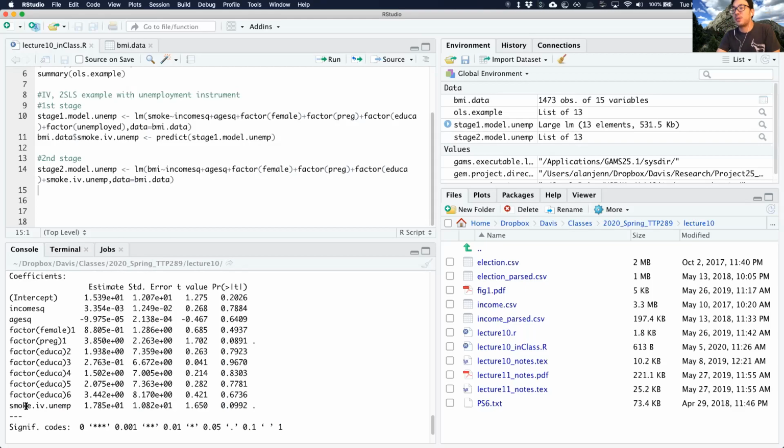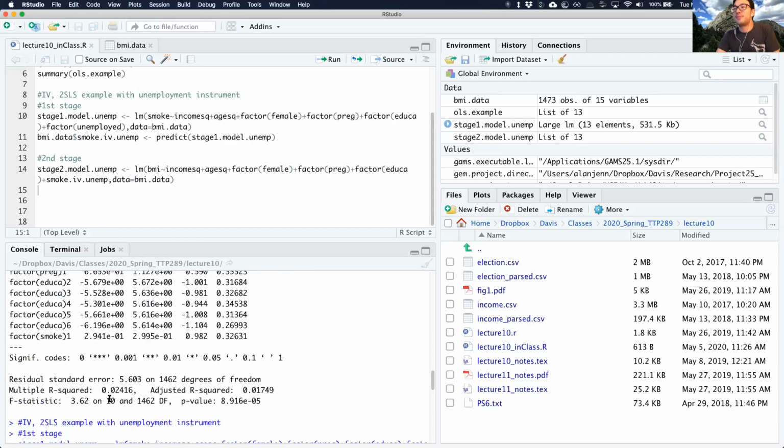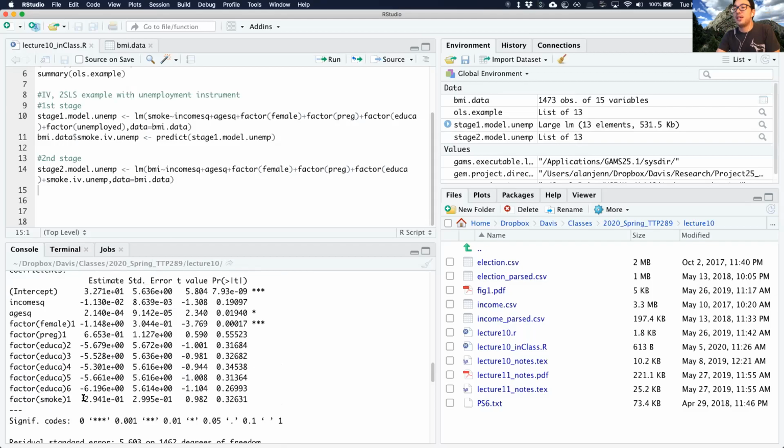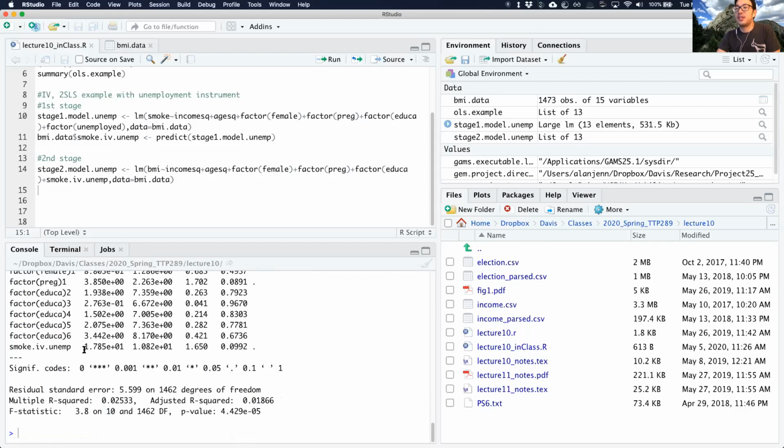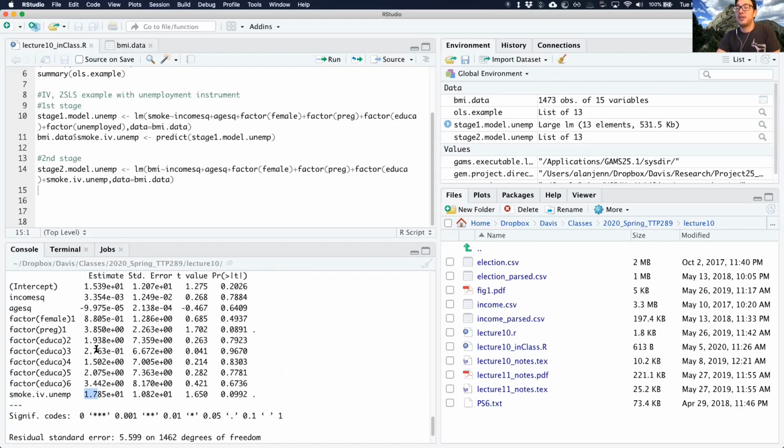If I look specifically at smoking, which is the thing that we care the most about, here if you're a smoker, then your BMI increases by 0.29 on average, whereas here we say that the causal relationship between smoking and BMI is that your BMI will increase by about, say, 18 or so if you start smoking on average.